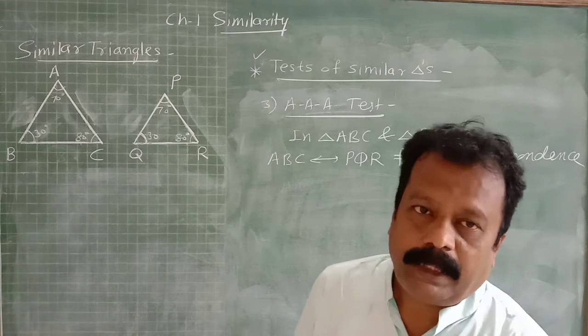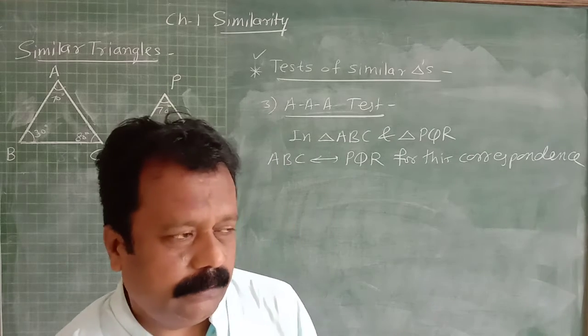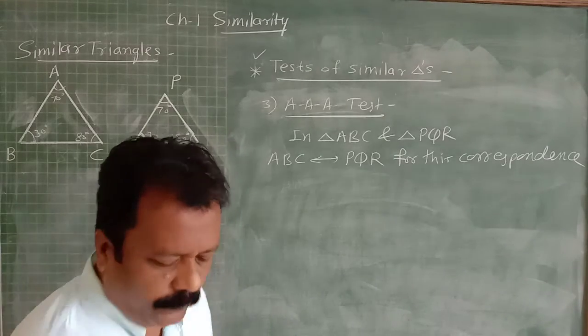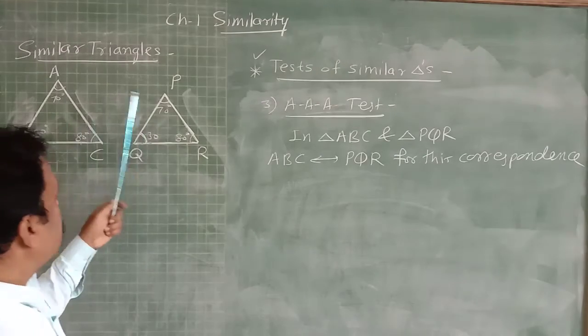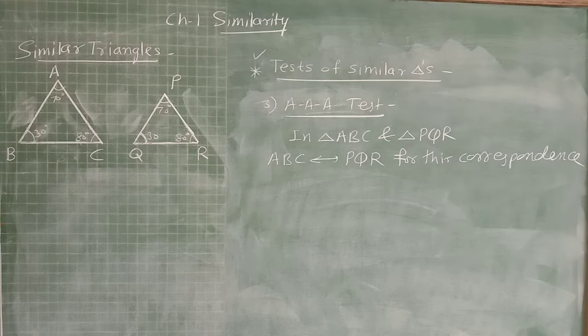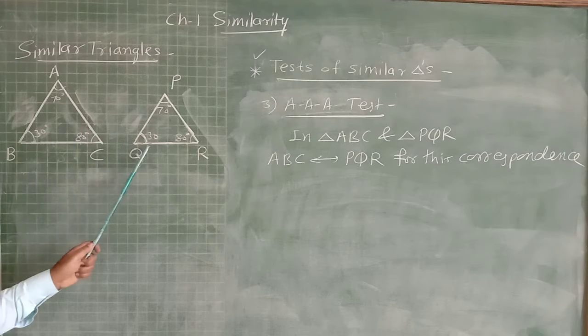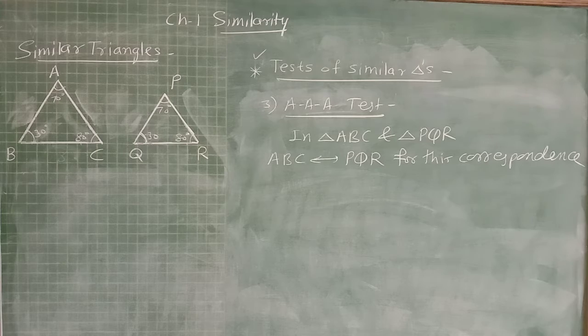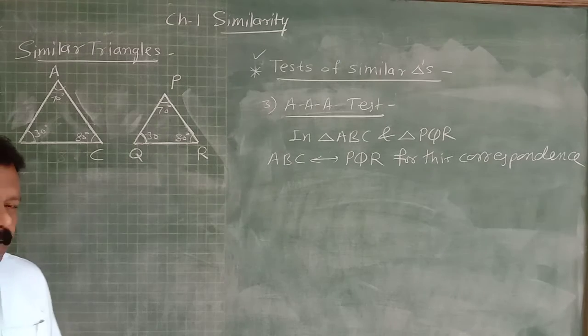AAA means what? Angle test for similar triangles. Suppose these two triangles are given and the measures of the angles are also given. Here, angle B is congruent to angle Q, angle A is congruent to angle P and angle C is congruent to angle R according to the figure, because they have the same measures.